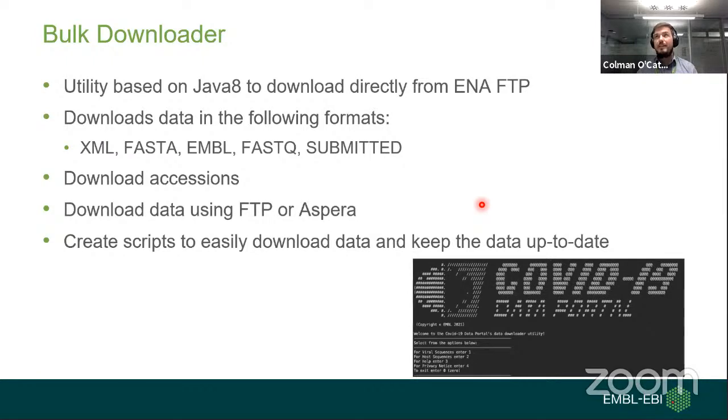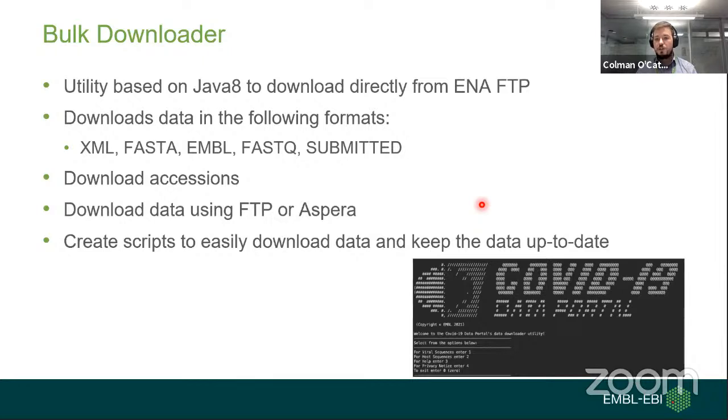You can select what data type you want to download. Are you looking at the XMLs, the archived files? Do you want to filter? Do you want only a particular country? This kind of thing. So if you are looking to really download a heavy amount of data, I would highly suggest going down this route. And it's highly scriptable as well. It'll generate scripts for you to download different types of data.